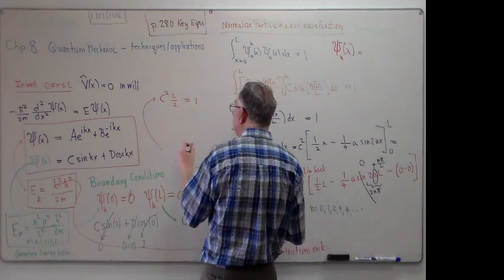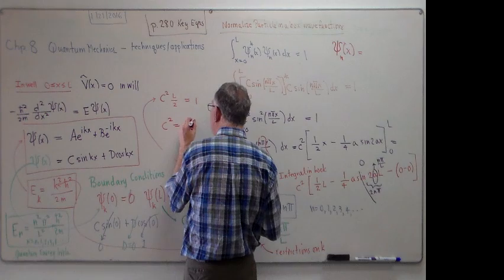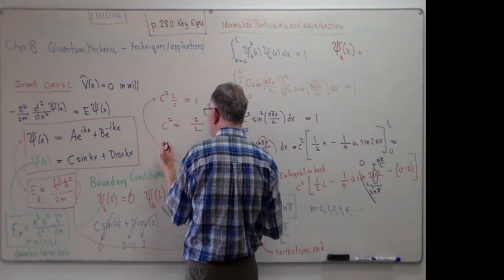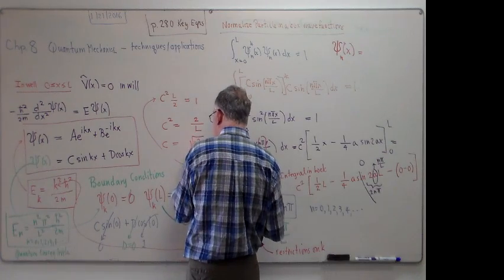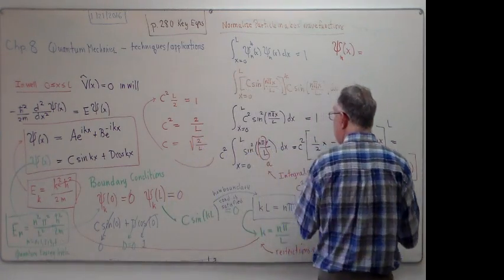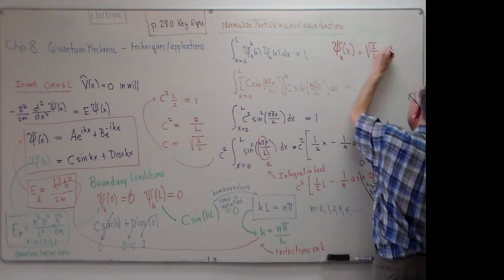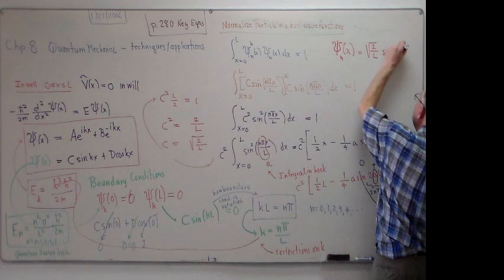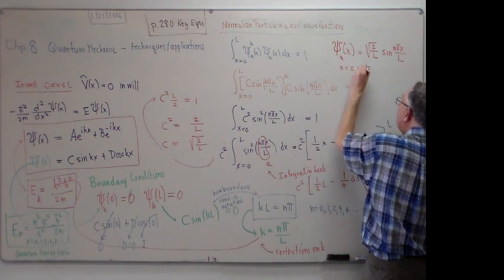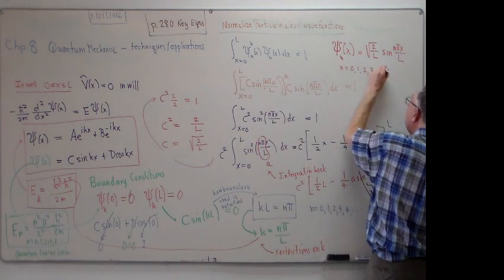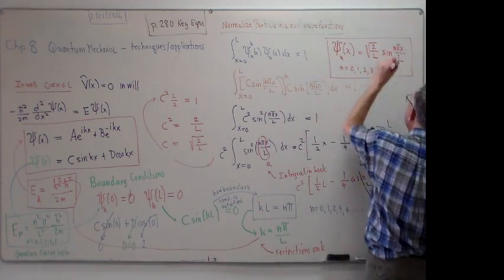So c squared equals 2 over L, or c equals the square root of 2 over L. These are the normalized particle in a box wave functions.